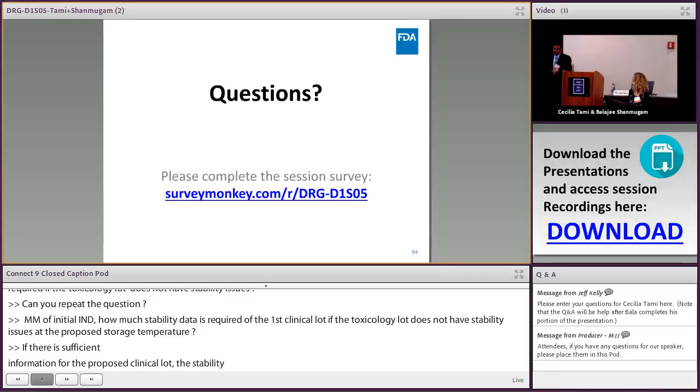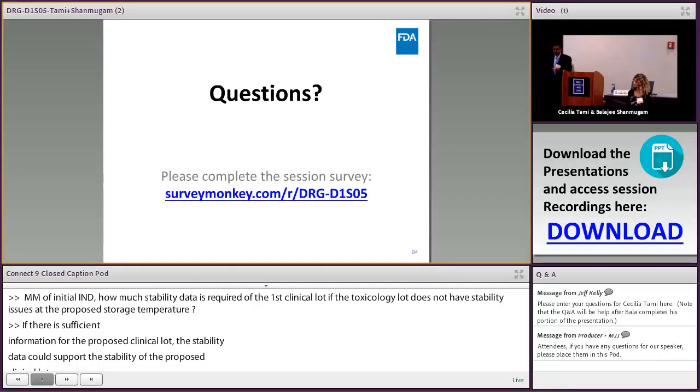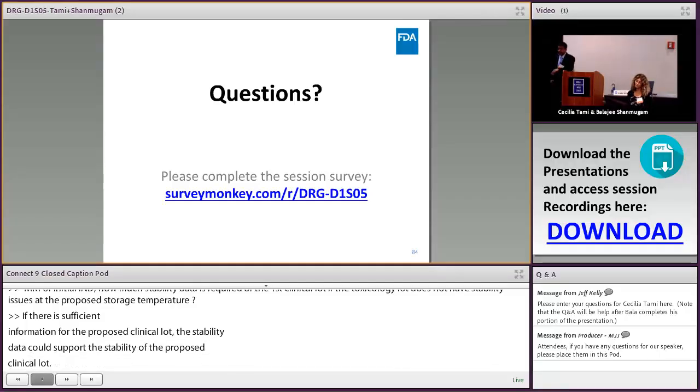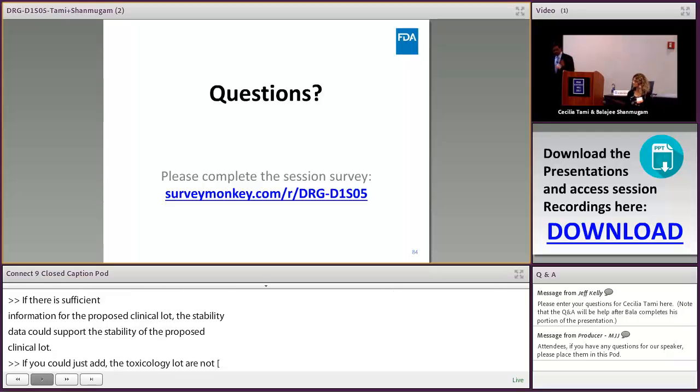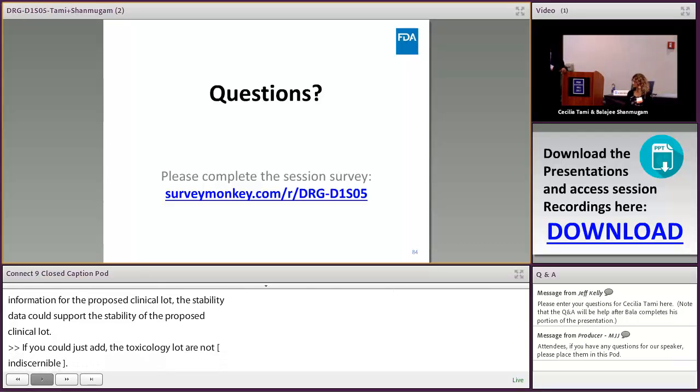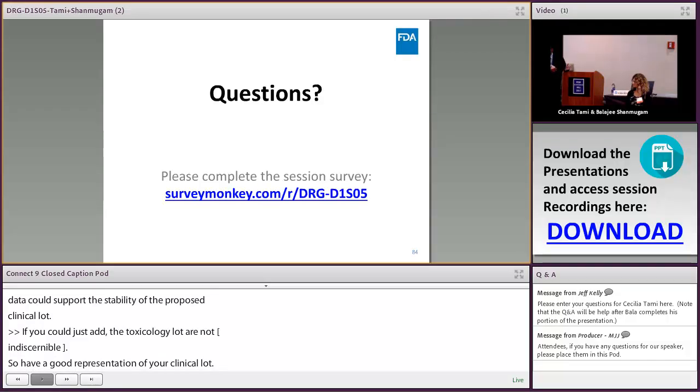Just if we can add, the tox lots are generally not as pure as the clinical lots. So to have a good representation of your clinical lot, it's good to have it stand on its own data. Unlike an NDA where you have supportive stability data, which is what I'm thinking the question is implying, whether we could use that as a supporting stability.